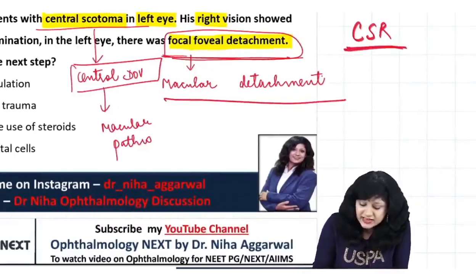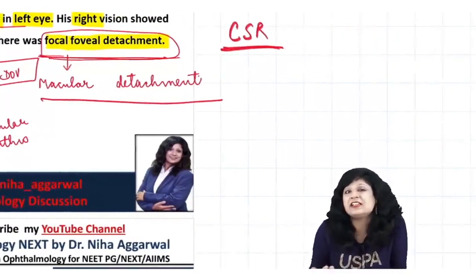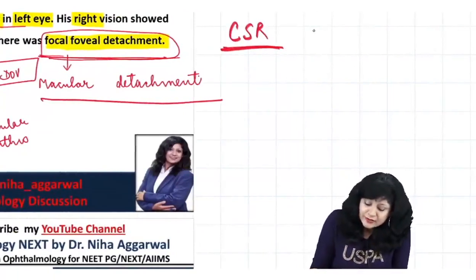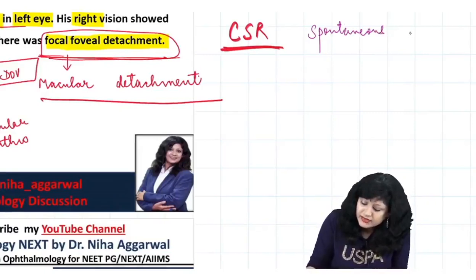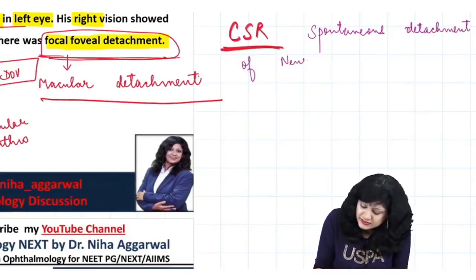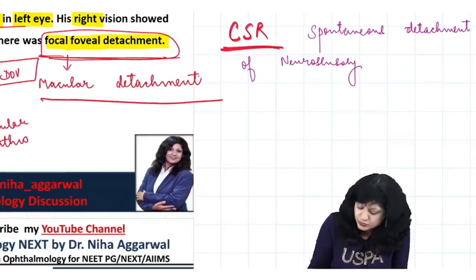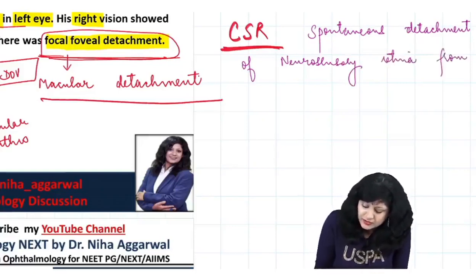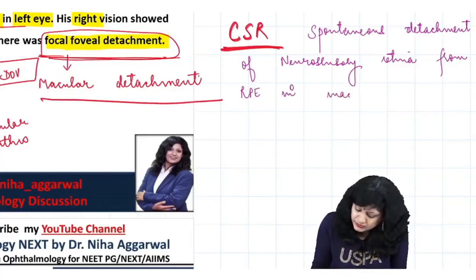What is CSR actually? It is a central serous retinopathy where we have the spontaneous detachment of the neurosensory retina from the RPE in the macular area.